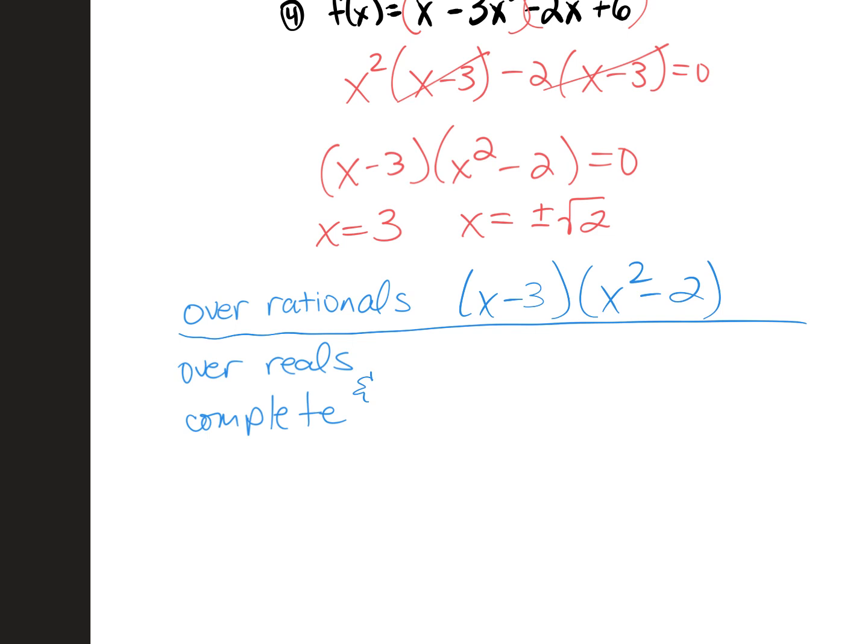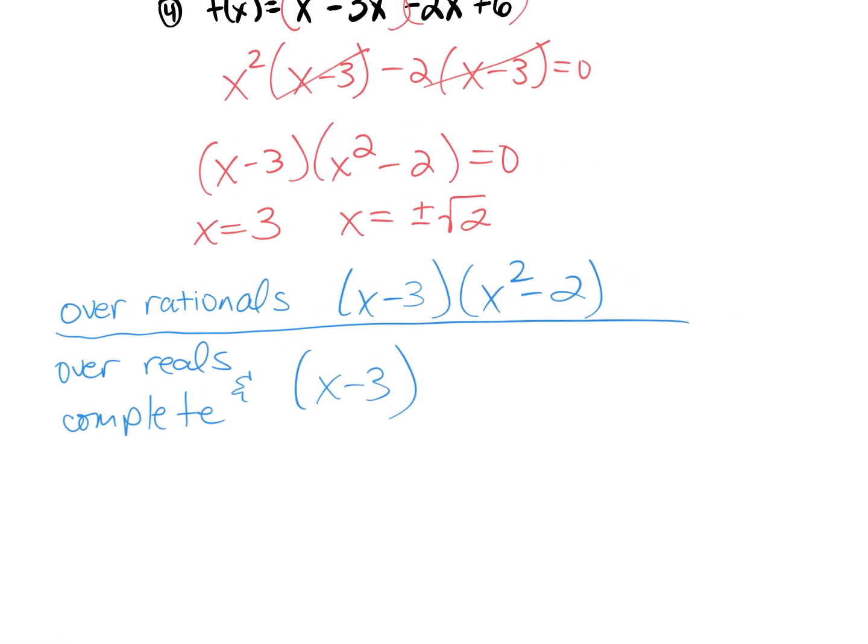They may not be pretty, but they're real numbers. So my factorization would be x minus 3, which is great. And then x equals positive root 2 and x equals negative root 2. What does that look like when I put it back into a binomial? X what? X minus root 2 and x what? Plus root 2. Good. Very good.